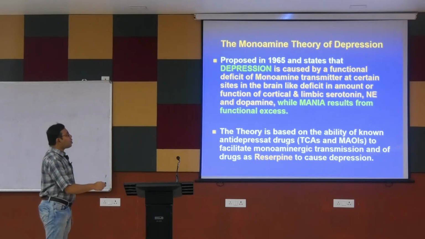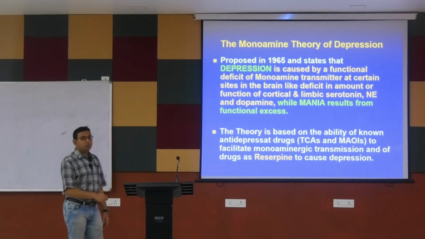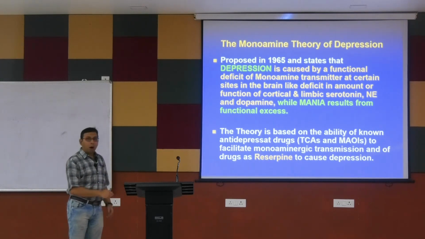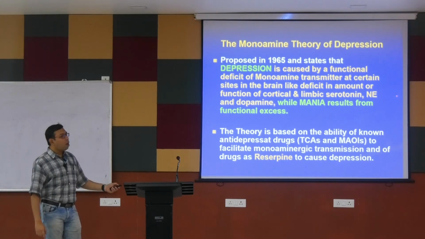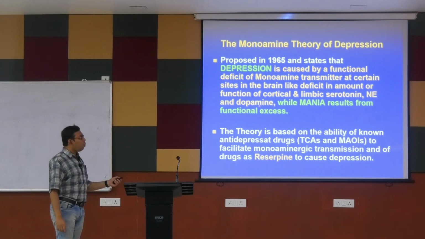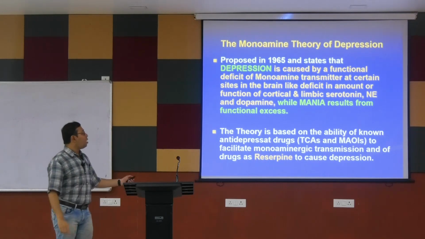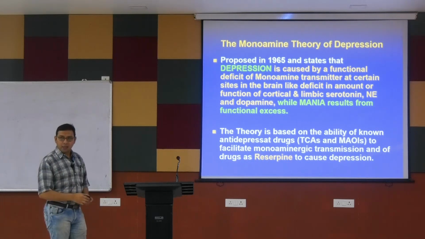So depression is caused by a functional deficit of monoamine transmitter at certain sites in the brain, like deficit in amount or function of cortical and limbic serotonin, norepinephrine and in some cases also dopamine. While mania is the other extreme, where these neurotransmitters are found to have functional excess.